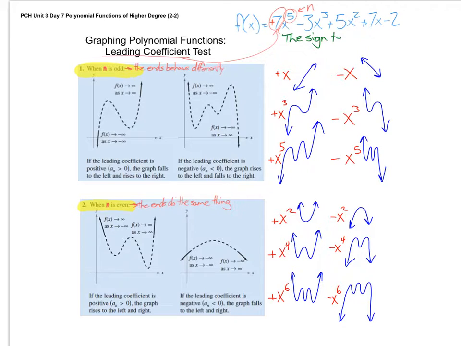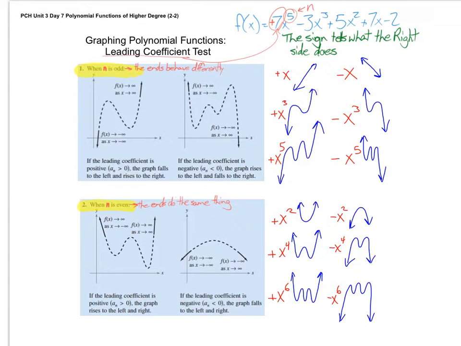The sign tells what the right side does. Okay? So you'll notice these ones here, where it's plus, the right side is going up.